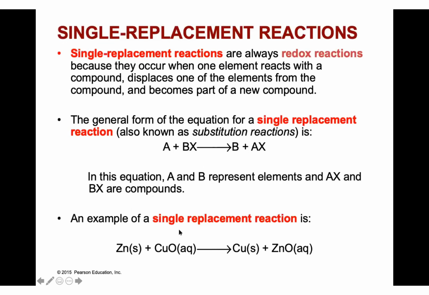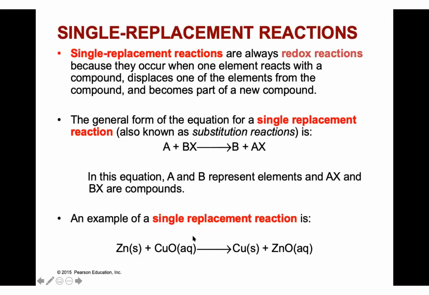Example of single replacement: make sure the left side is always a single element. Zinc. Another thing, guys, when you see a single element, always put s, or solid. They are always solid, single elements.